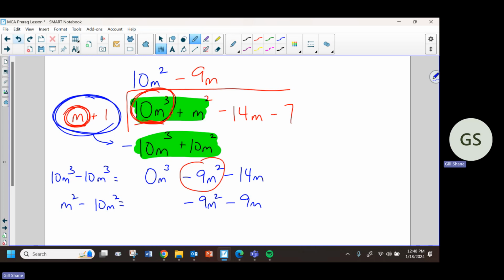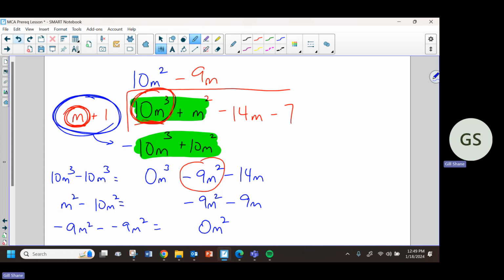This is negative 9m squared. Subtract negative 9m squared. So it flips to, wait a minute, what did I do wrong? Oh, I forgot the negative. So it's negative 9m squared plus 9m squared. So that just cancels out and goes to 0m squared.